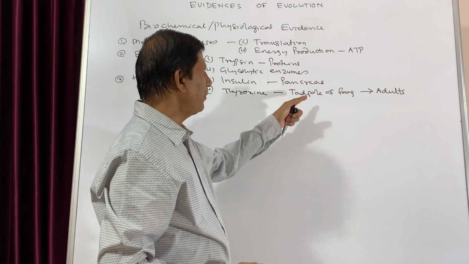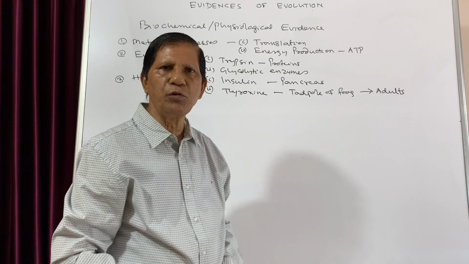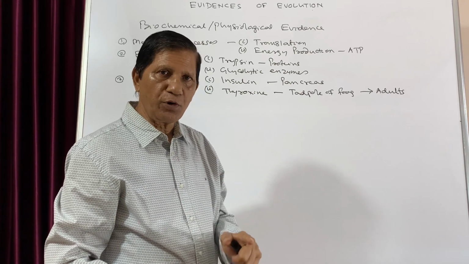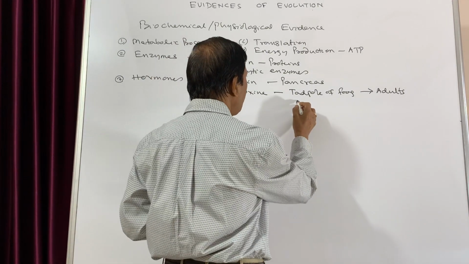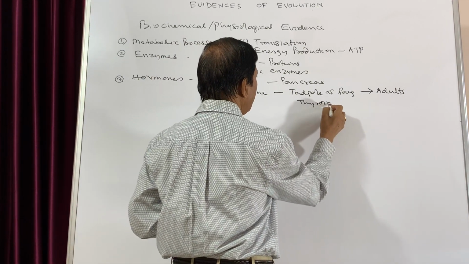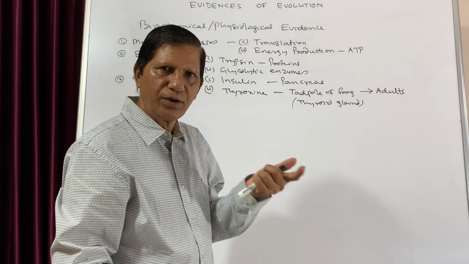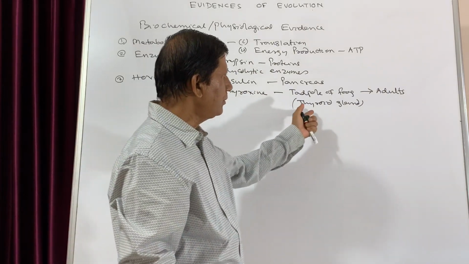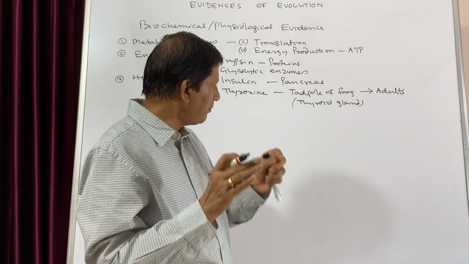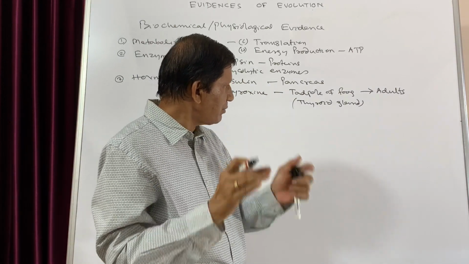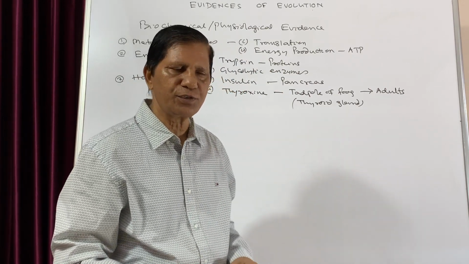Suppose thyroxine is not provided to them, then it cannot develop into adults or a full-fledged frog. But suppose in the tadpole of frog there is transplantation of the thyroid gland of some other animal, not that of frog. That also converts it to an adult. That means the same organ or the same structure is doing a similar function in all organisms.